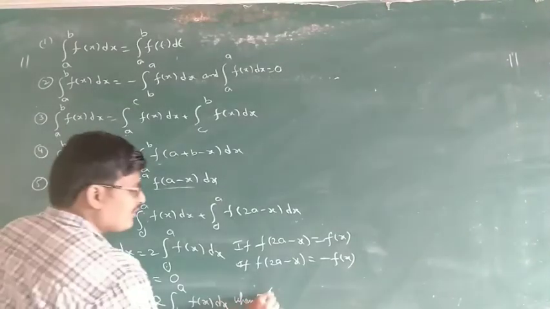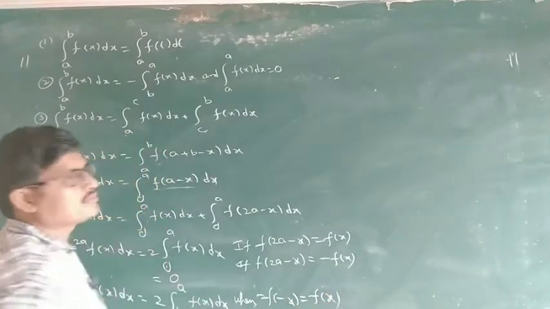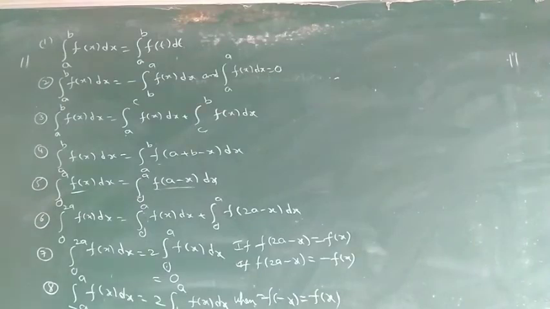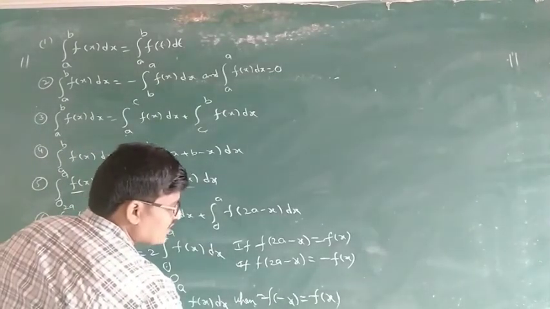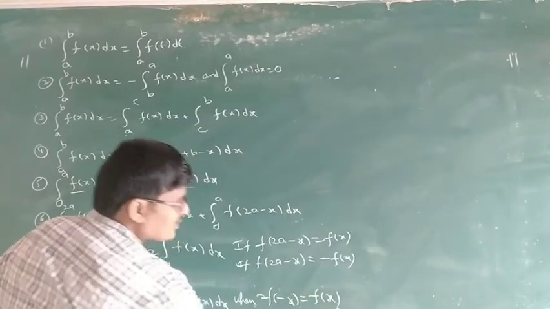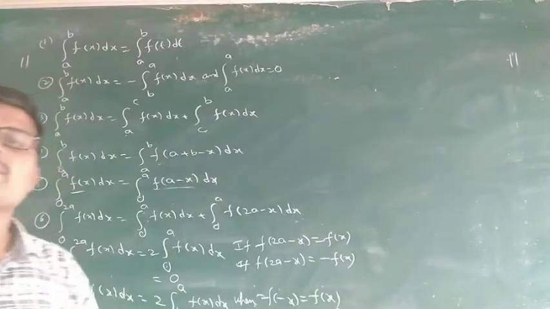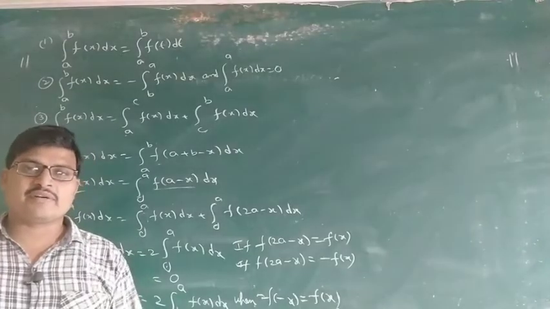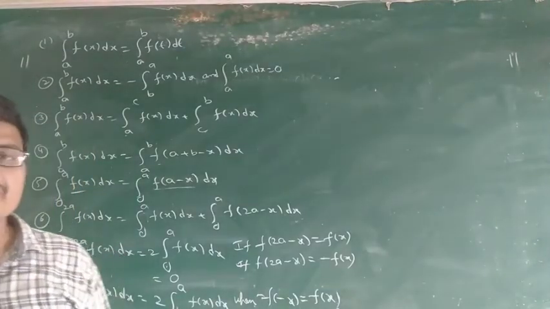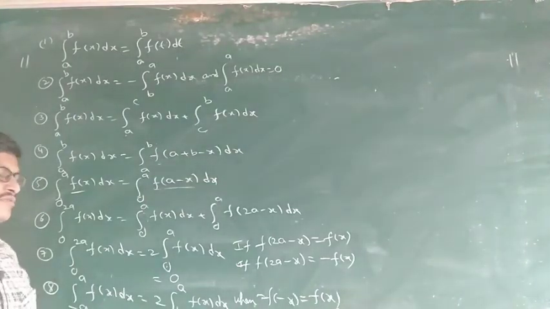What is the meaning of even function? f of minus x is equal to f of x. When odd function, f of minus x is equal to minus f of x. So even function means f of minus x is equal to f of x, and f of minus x equal to minus f of x means odd function. For an odd function, the integration value is 0.